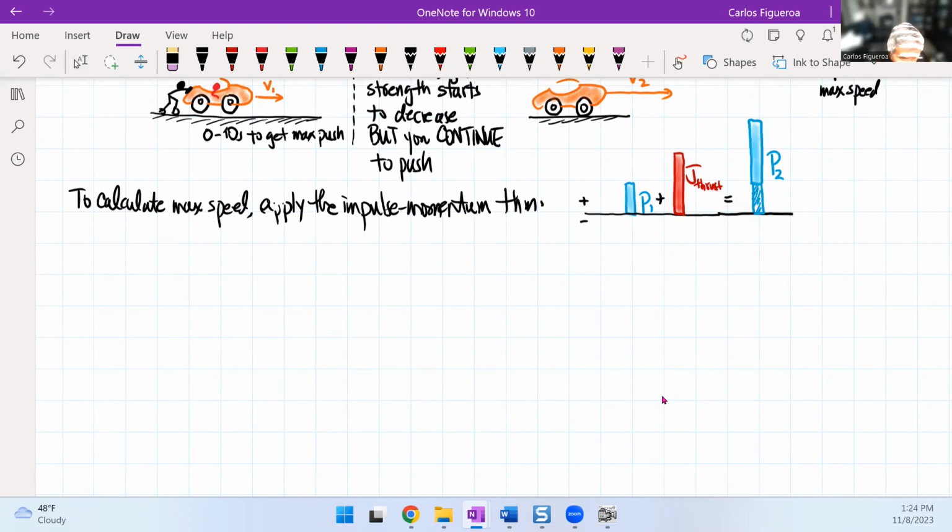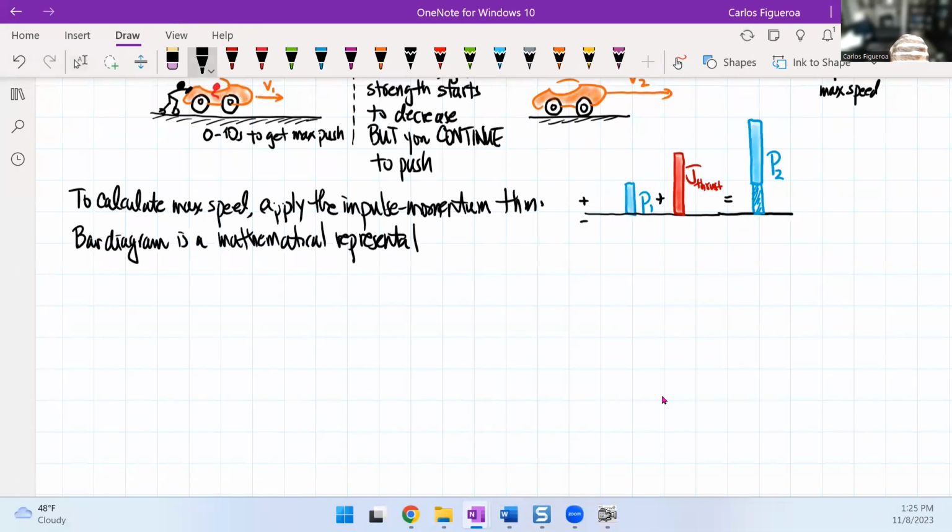So then from my drawing here, I'm going to say that the bar diagram is a mathematical representation of an equation. So in other words, it reads that I have a positive P2 must equal a positive P1 plus a positive impulse due to the thrust.